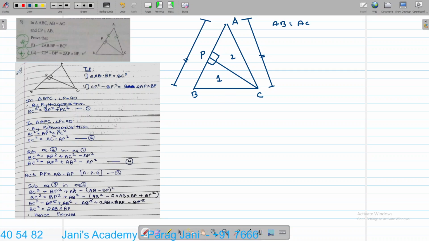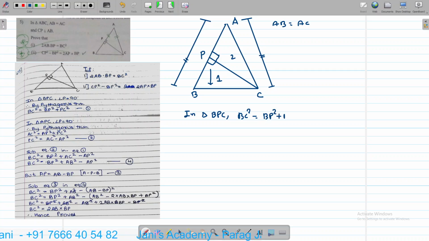Okay. So now how you can initiate is, first of all, in triangle BPC, okay, this is the hypotenuse. Okay, understand this, because the side opposite the 90 degree is the hypotenuse. So BC square is equal to BP square plus PC square. Okay, this is my first equation.